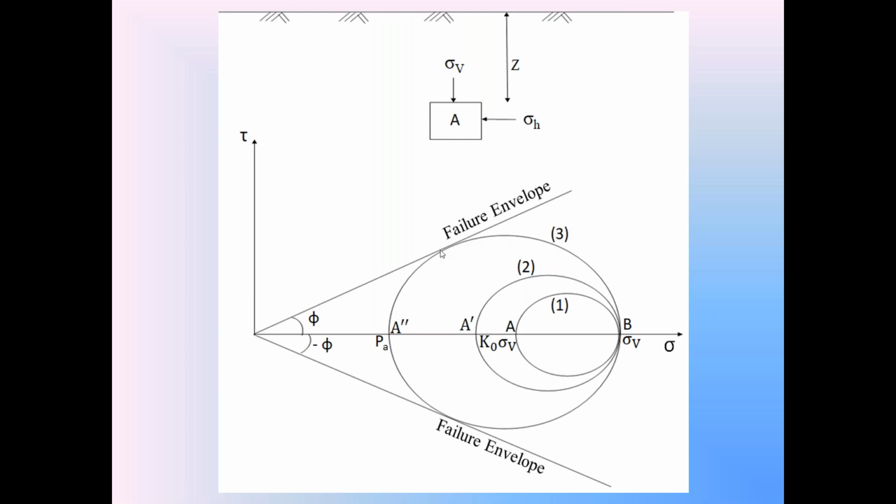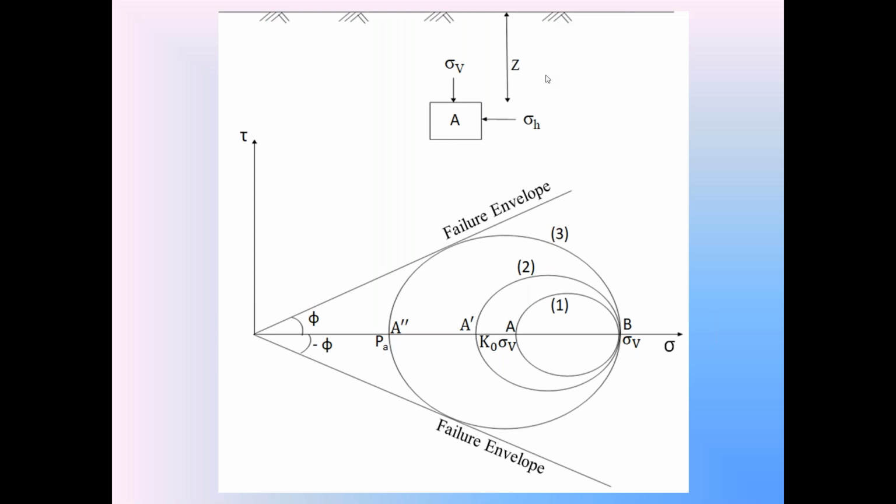This indicates the failure condition of the backfill in the active condition. This horizontal stress at A double dash point is called the active lateral earth pressure acting on the backfill when this entire backfill is subjected to failure in that active condition. That is indicated by point A double dash in the Mohr stress circle.